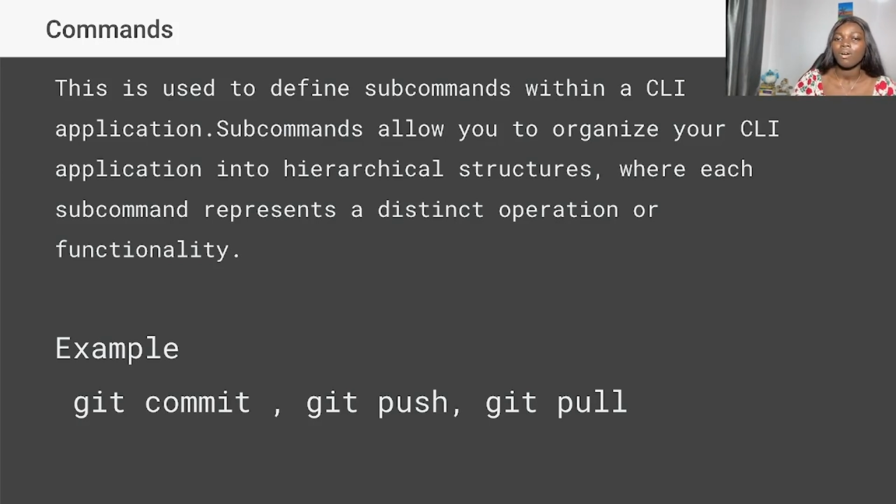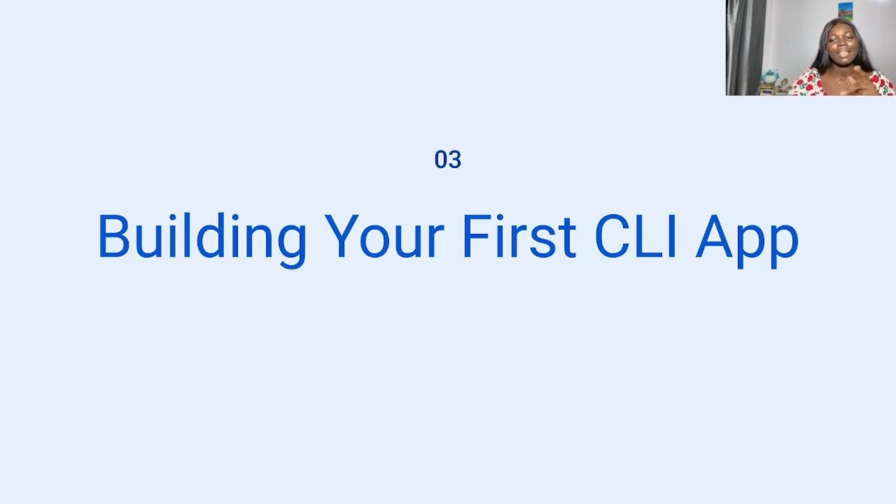Now imagine this all in your main.dart file. It's going to get clumsy. That is what add command does for you. Add command helps you organize your CLI application into structures. Got it? Now let's build our first Dart app.